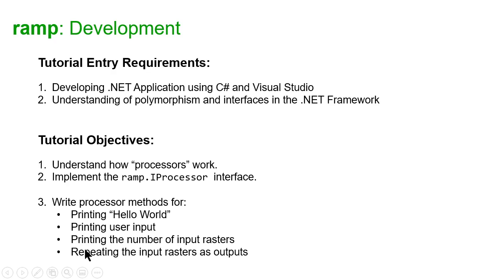Let's do another one now where we basically just return exactly the same number of input rasters, so the return rasters is the same as the input rasters. Let's have a look at doing that.